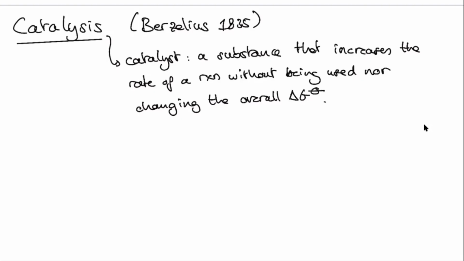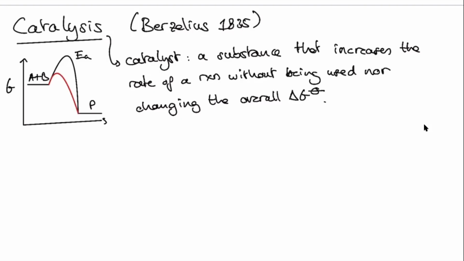Right, and you've probably seen these kinds of schematic drawings where I have Gibbs energy here, I have my reactants A plus B, I have my product P, and if I have the normal path, I have a certain activation energy, and if I have one with a catalyst, then this is much lower.